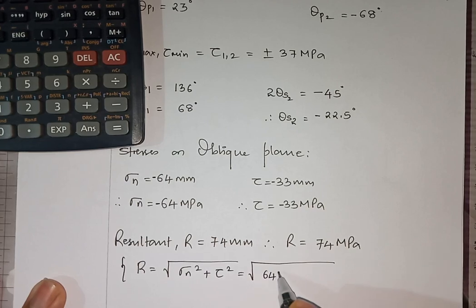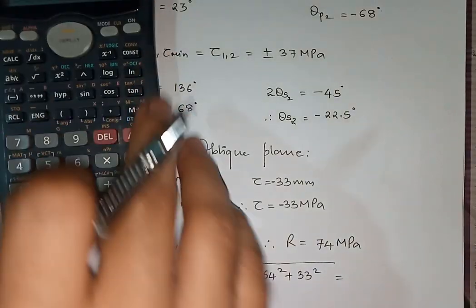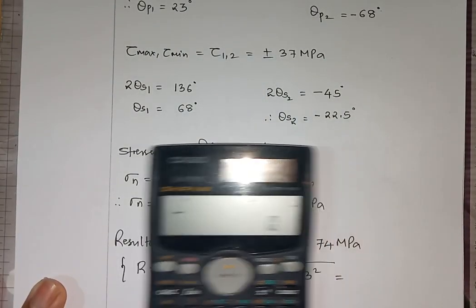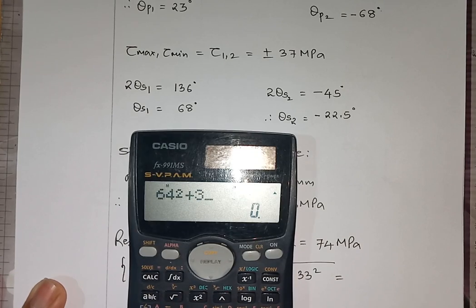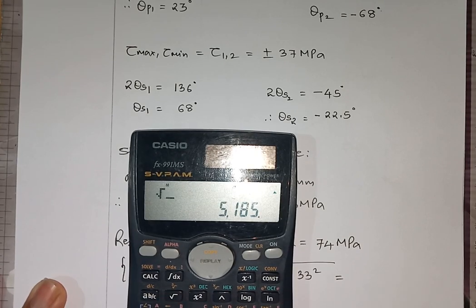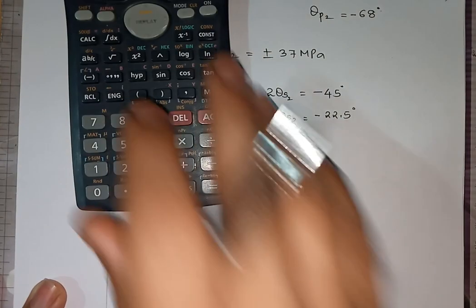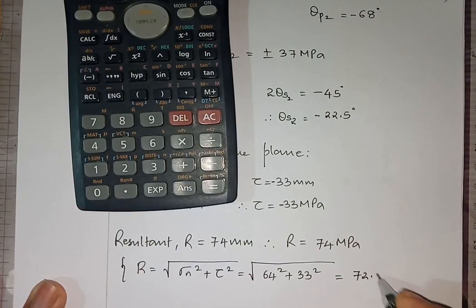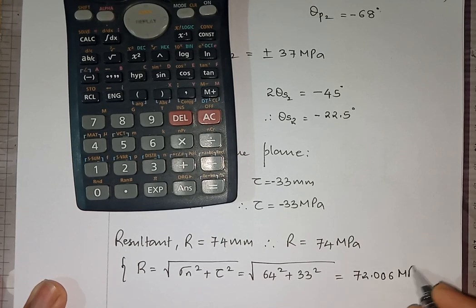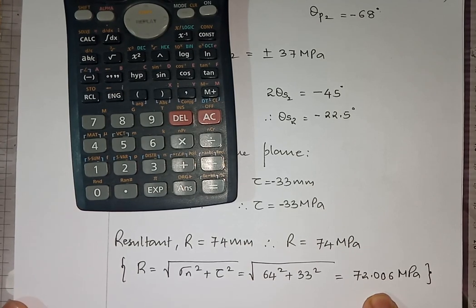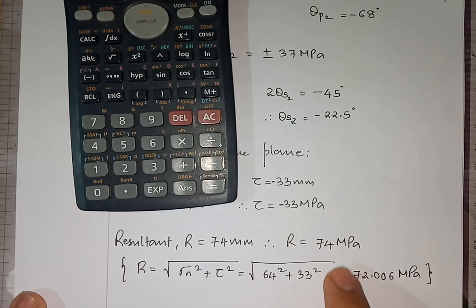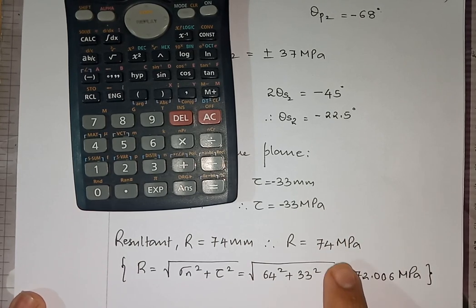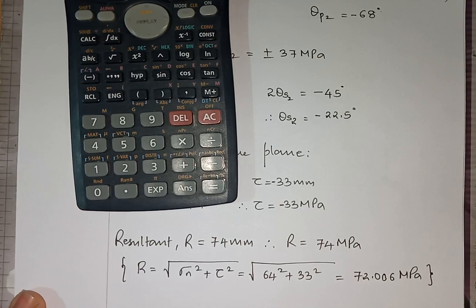Sigma n is 64, tau is 33, so the square root of 64 square plus 33 square is 72.006 MPa. This is the accurate value by the analytical method. Since we are using the graphical method, a variation of 1 or 2 MPa will be there, and it will be accepted in your examinations.